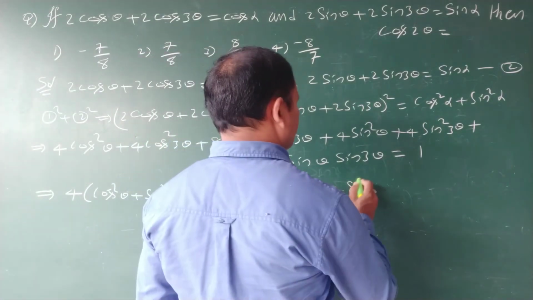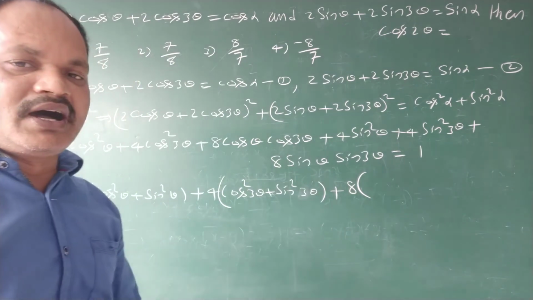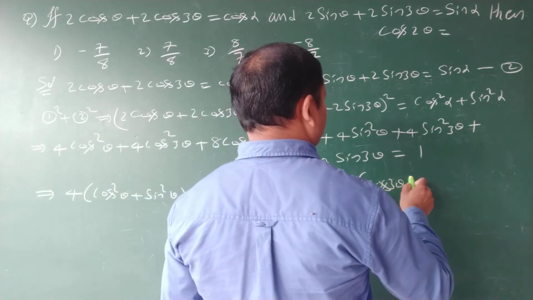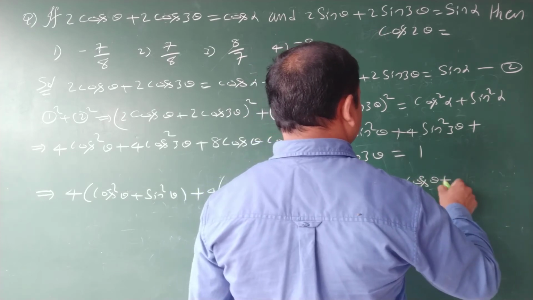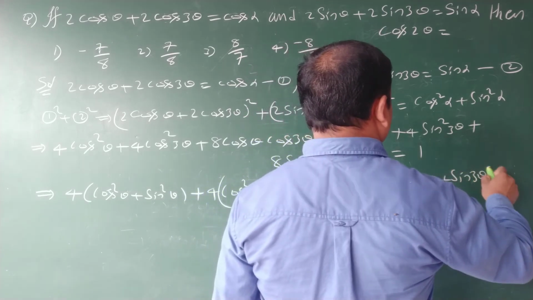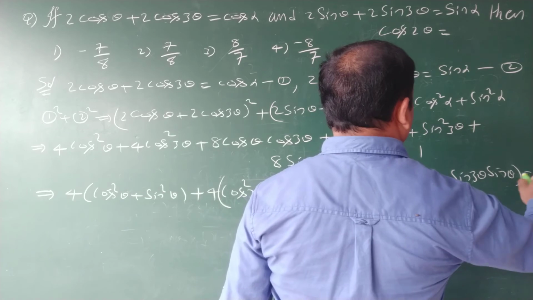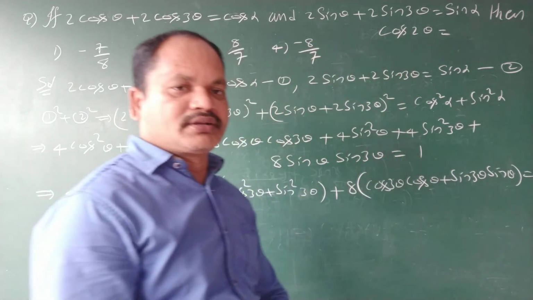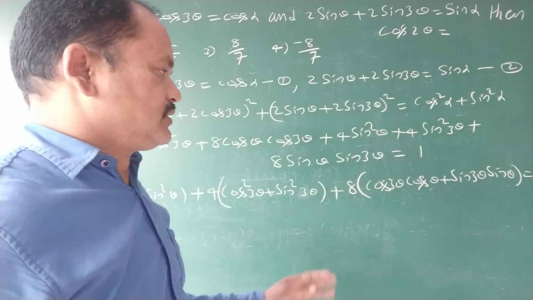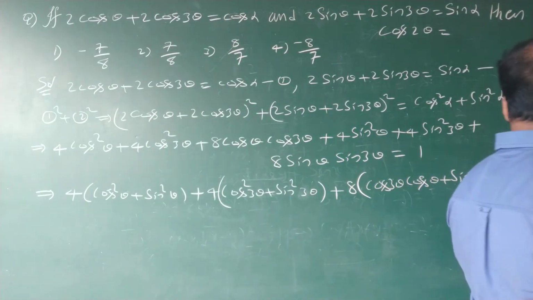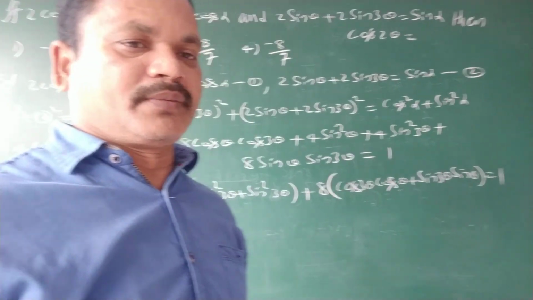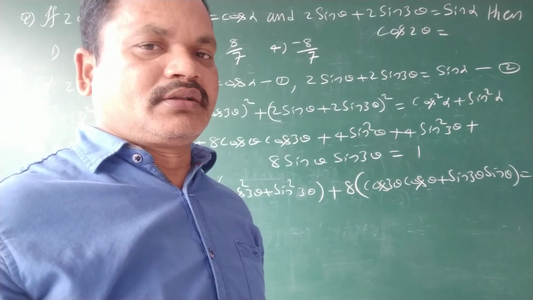Then it is 8 times of (cos 3 theta into cos theta plus sin 3 theta into sin theta) is equal to, here it is 1, since that is cos square alpha plus sin square alpha, that's why that is 1.